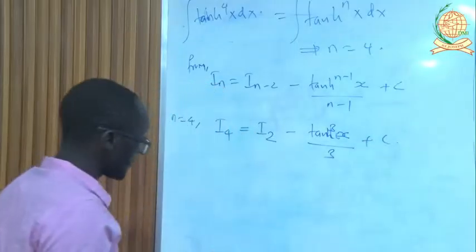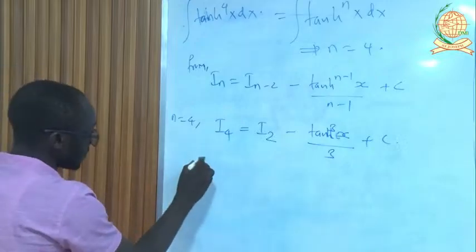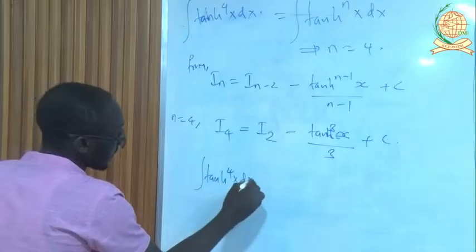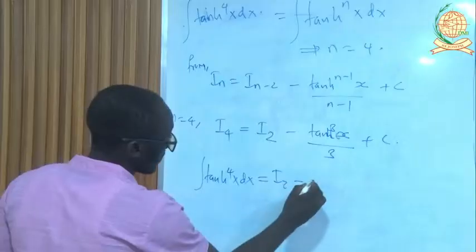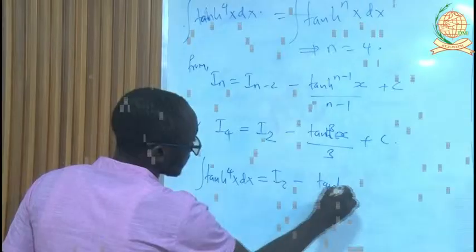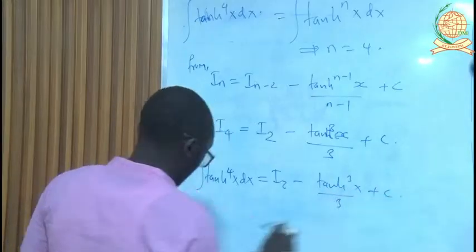This is I_4, the integral of tanh 4x dx, which is now I_2 minus tanh cube x over 3 plus c.